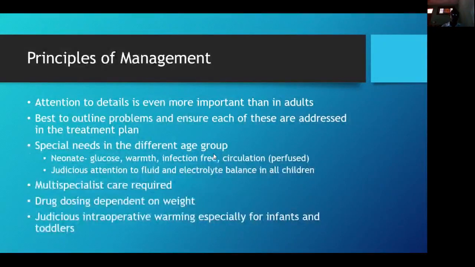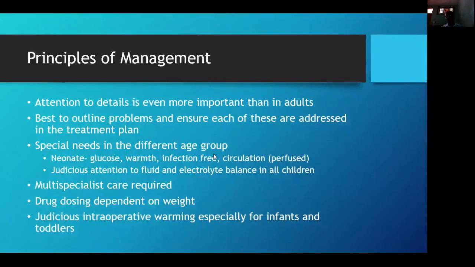So what are the principles of management? That is, principles of treatment. Number one is that attention to detail is very important in children, more than in adults.